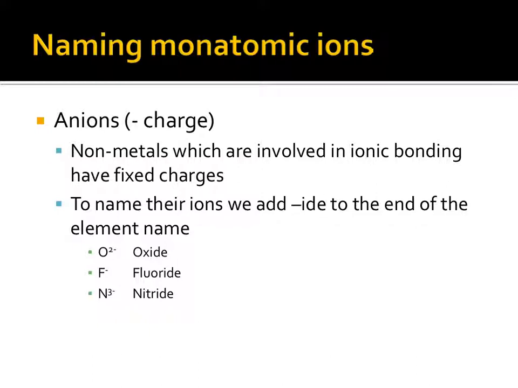For others, you just sound it out. So here are 3. Oxygen always gains 2 electrons, so it's always a -2 charge. So it's oxide. Fluorine always gains 1 electron, so it's fluoride. Nitrogen always gains 3, so it's nitride. Okay. Just change the ending to ide.